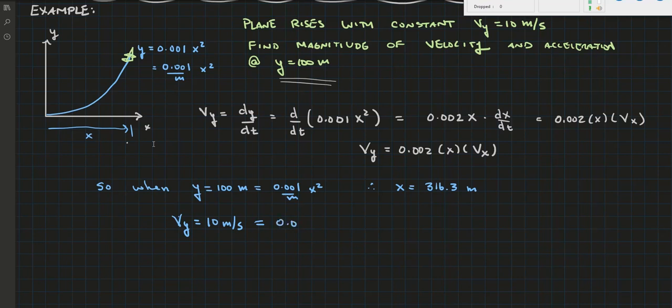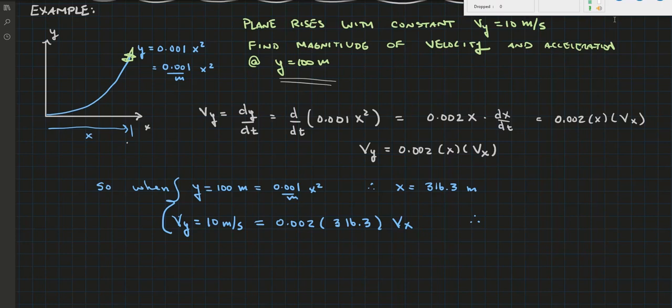So we can do some algebra here. Stick x in for this, 316.3, and now we can solve for Vx.